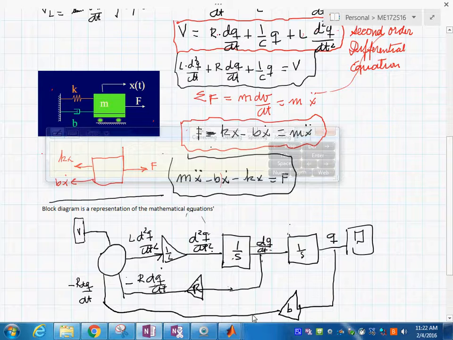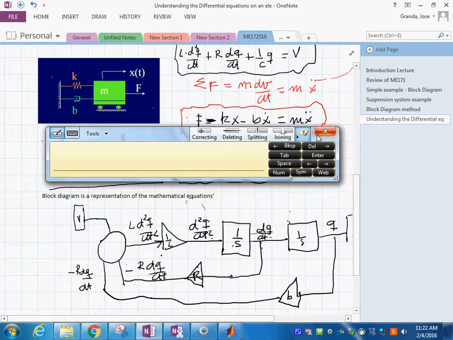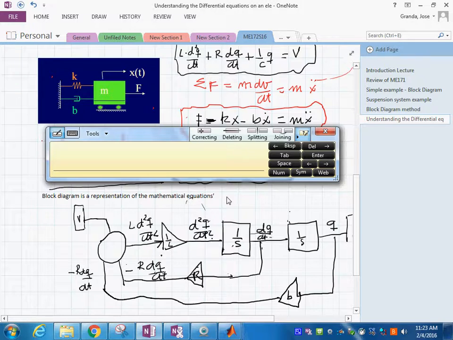And so this is what we would transfer to Simulink. So using this, we transfer it to Simulink, and then we can do the simulation, see? So that's how we generate the block diagram and the equation of motion.